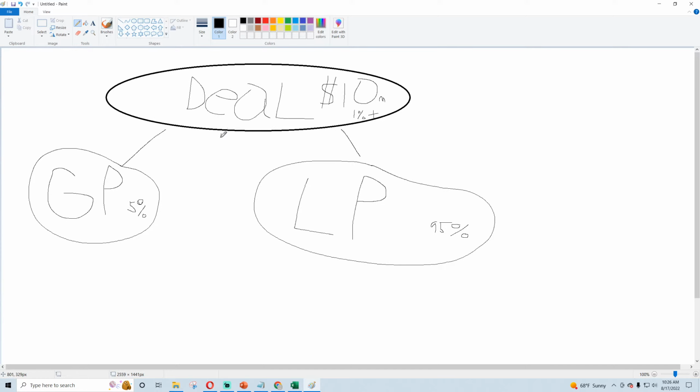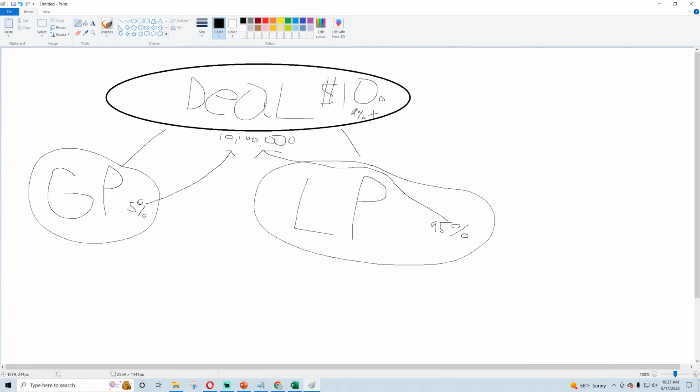So let's say it's 10,100,000. So GP does 5%, LP does 95% of that fee, and the whole fee is then paid to the GP.